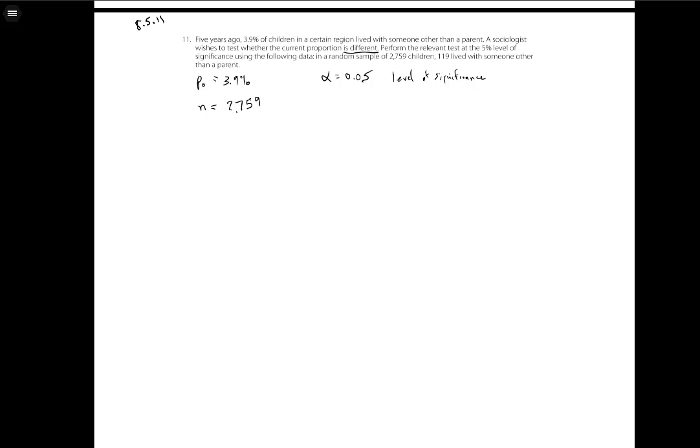So our sample proportion is going to be 119 divided by 2,759, or 0.043, or 4.3% if we want to look at it that way. I'll put the original one back up here as 0.039 as well, so we have it in decimal version.